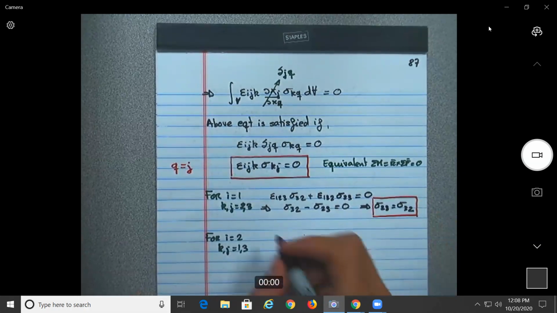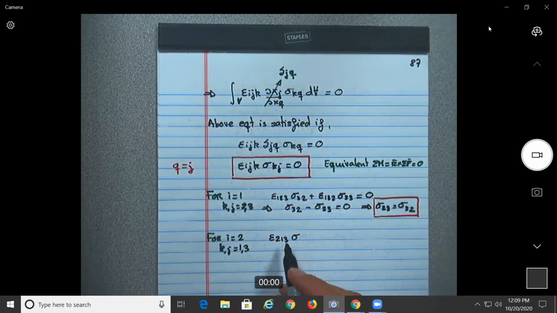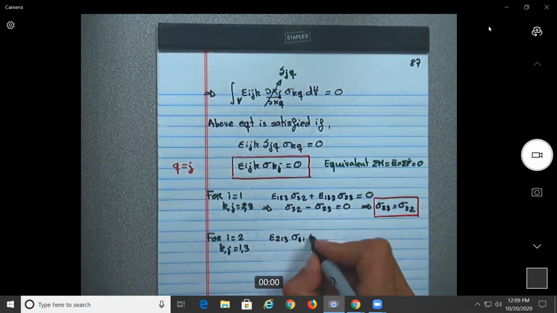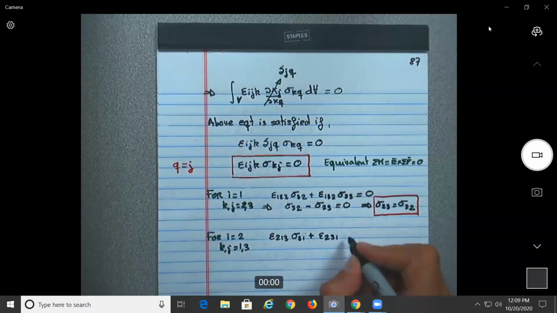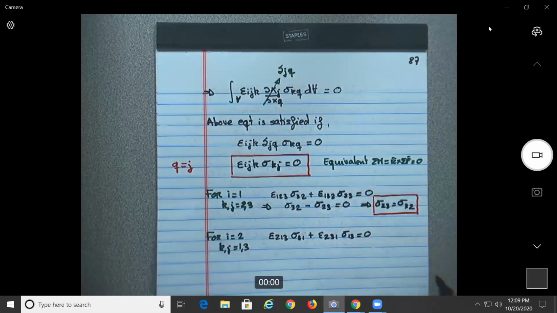You're going to get sigma 2, 1, 3 epsilon, what would be 3, 1? No, jk, yeah, 3, 1, plus epsilon 2, 3, 1 epsilon 1, 3 equal to 0.